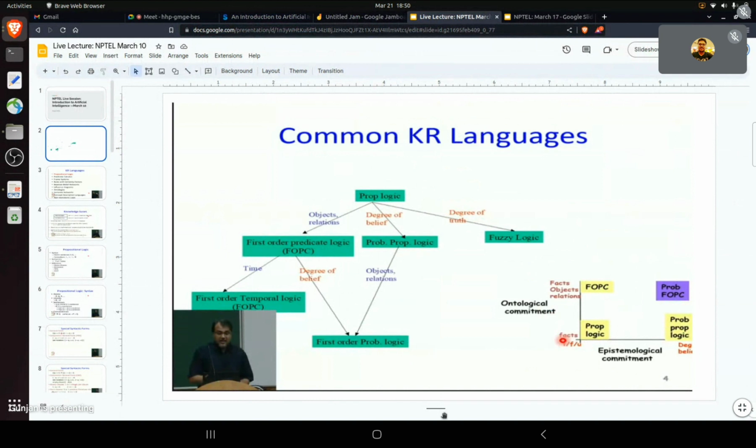First order predicate logic and probabilistic logic are in the same ontological commitment, but in different epistemological commitment. From the figure here you can see that.